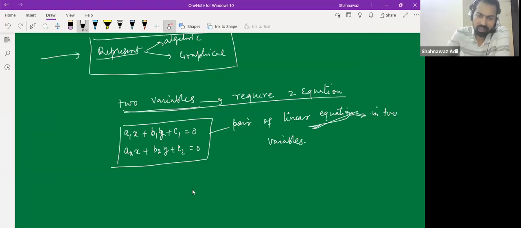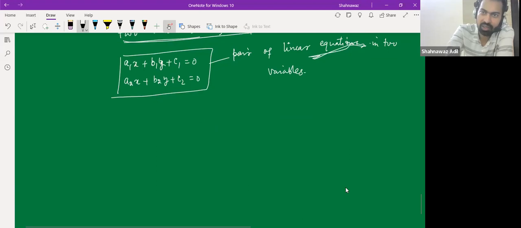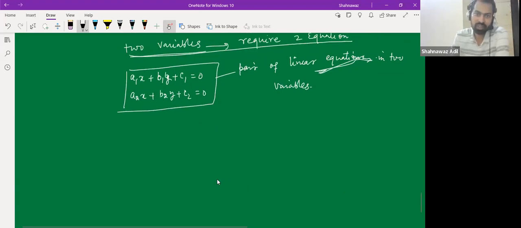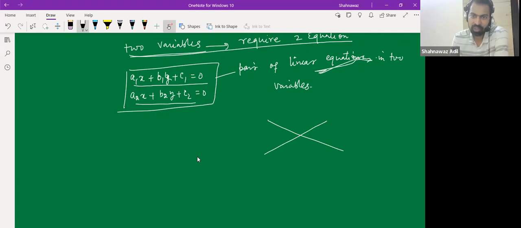So now there can be three scenarios for these equations, right? And we already know that these equations are straight lines. So one possibility is that these straight lines intersect each other. The other possibility would be that they are parallel to each other. And the third possibility is that they would be coinciding with each other.